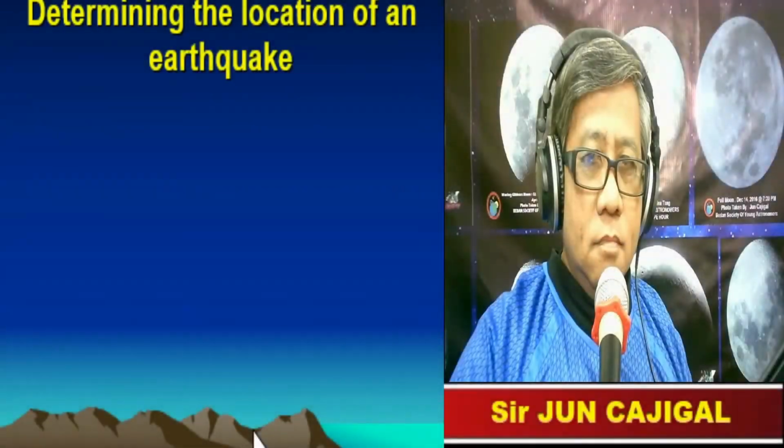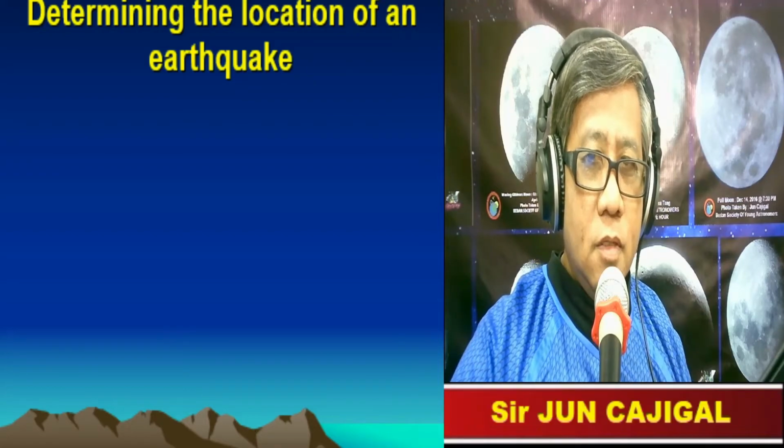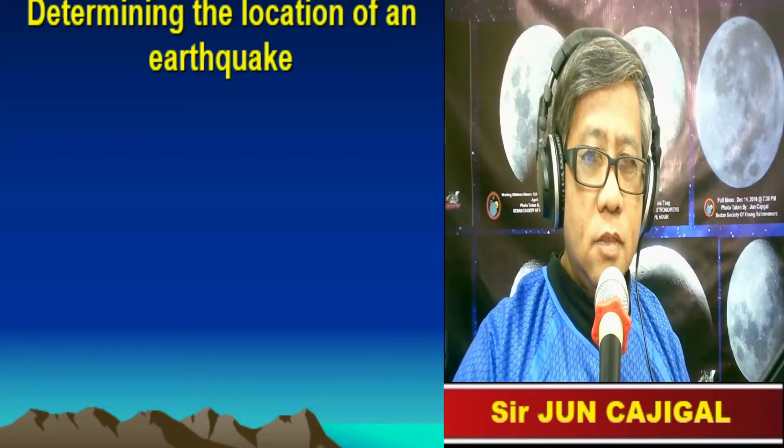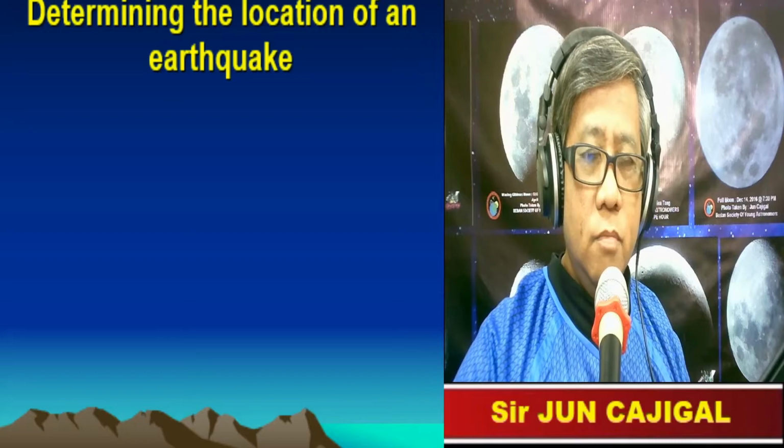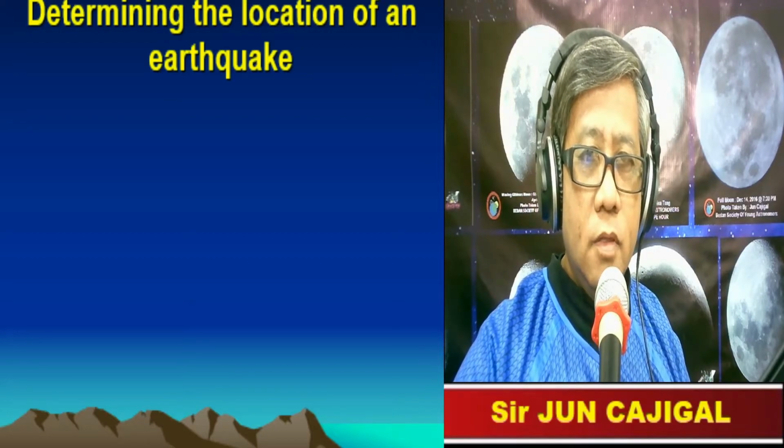Everybody, let's listen and watch this, and we shall now study how seismologists locate the epicenter of an earthquake. After detecting the presence of the seismic waves using the seismographs, the seismologist now needs to determine the location of the epicenter of an earthquake.